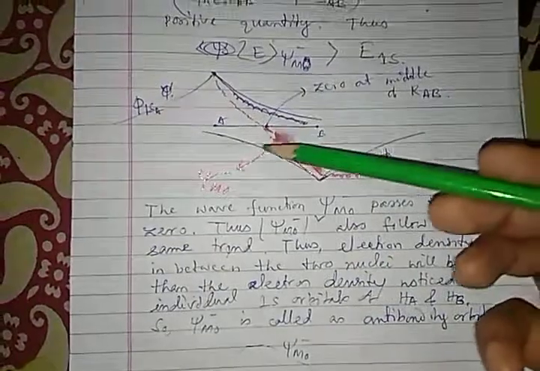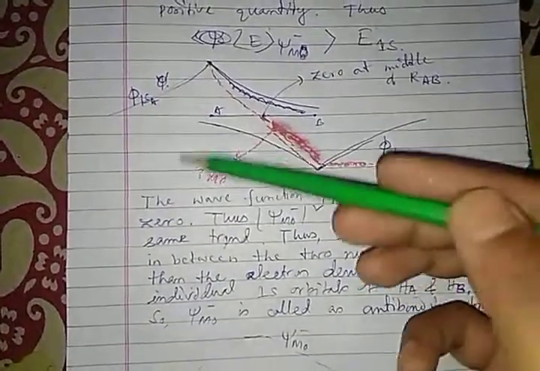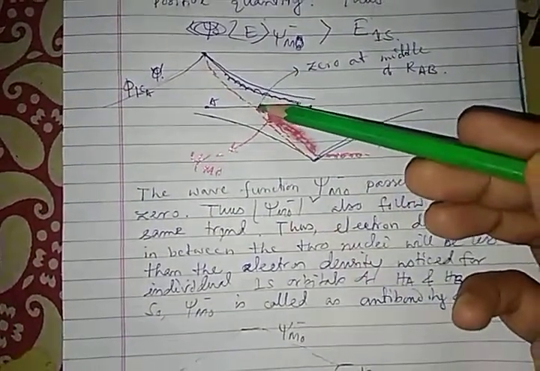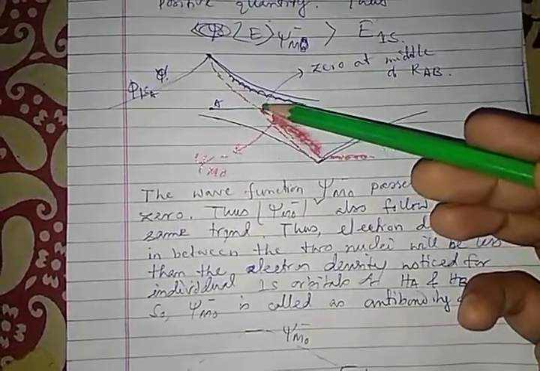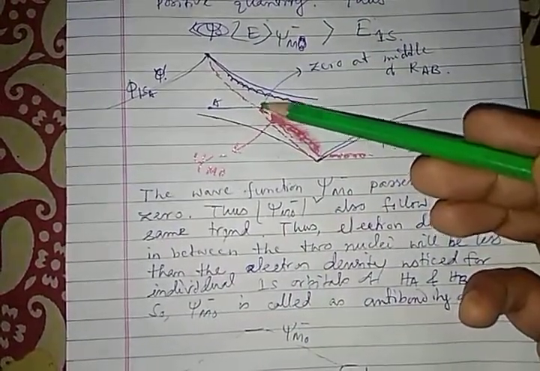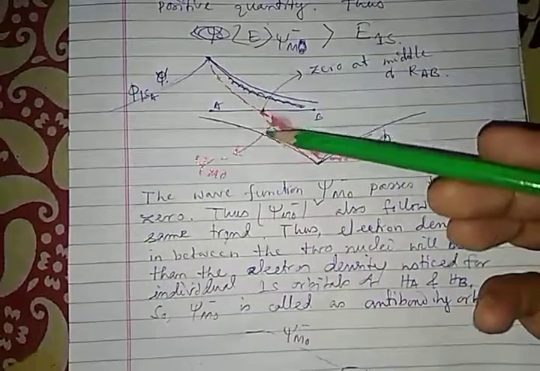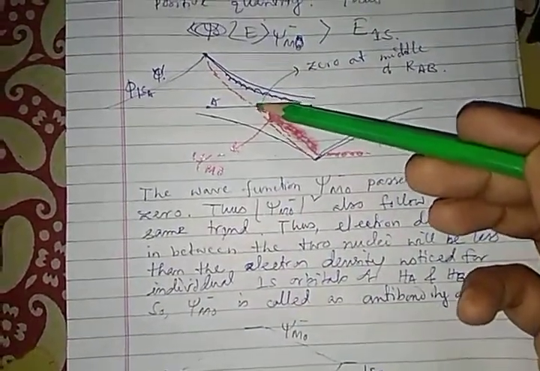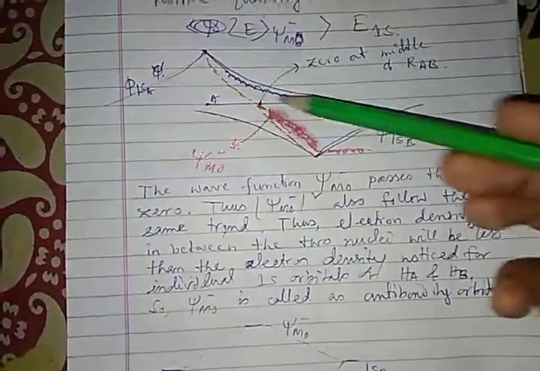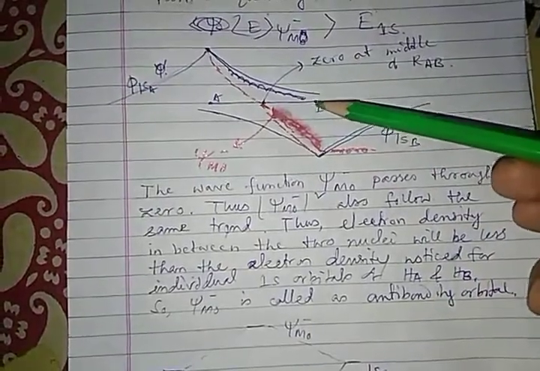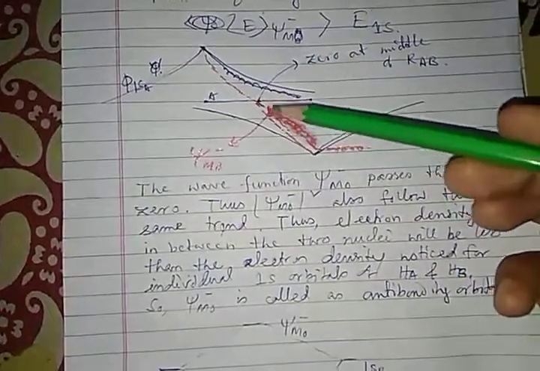So the electron density for psi MO minus will pass through a minimum which is 0. This point is actually the middle of RAB, the internuclear distance between the A and B nuclei, and it will be 0.